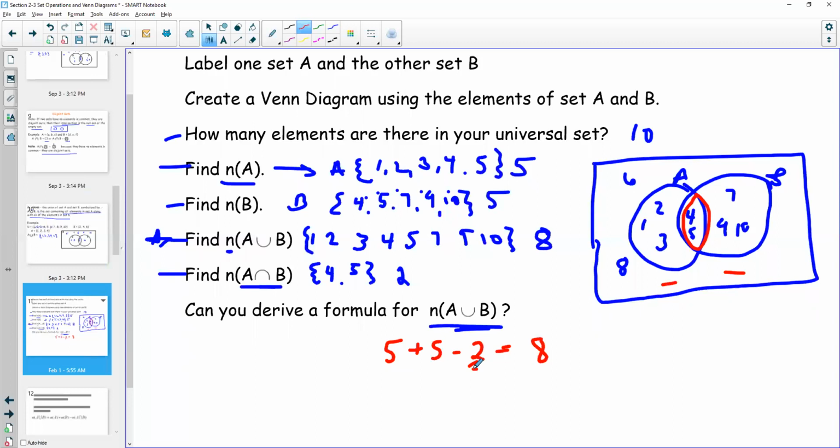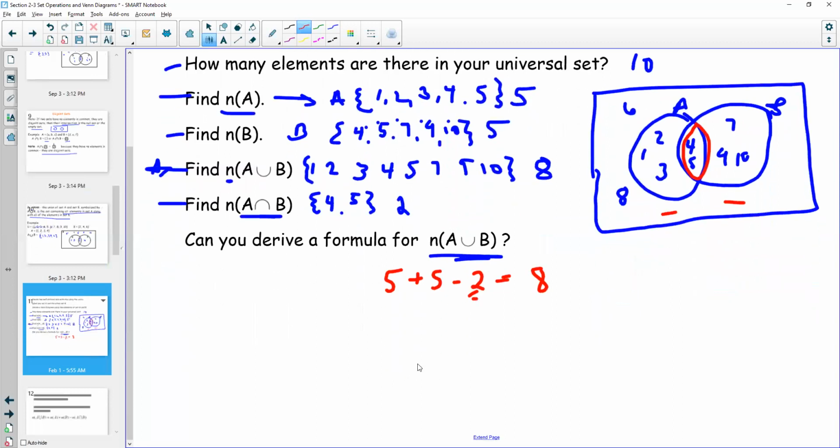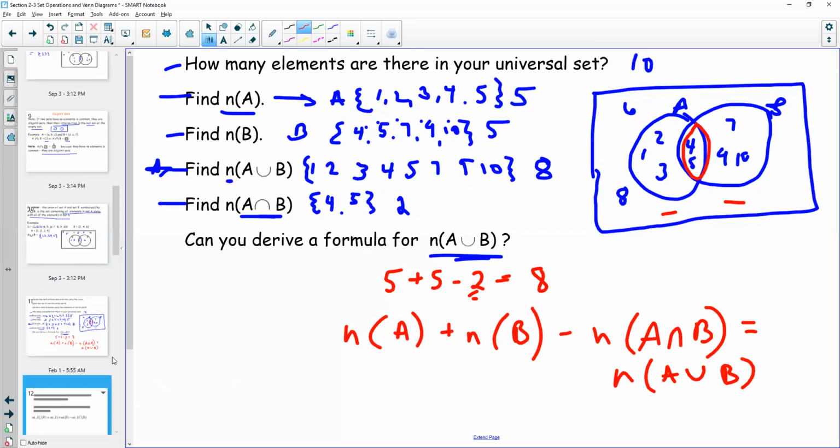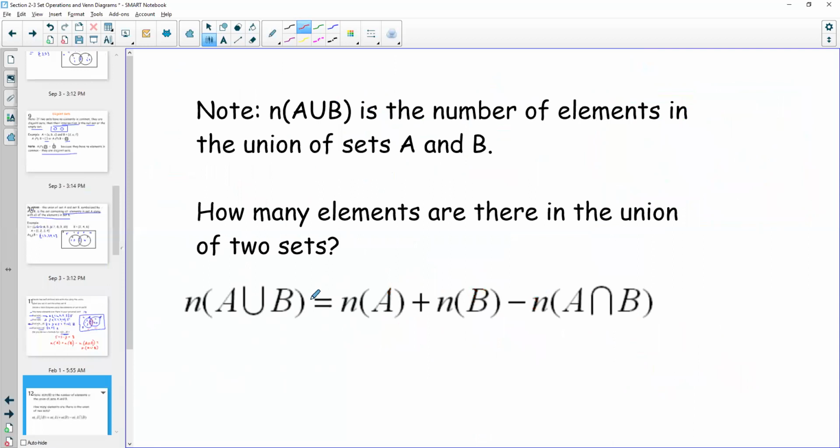So to find the number of elements in a union, find n of A, add it to n of B, subtract the overlap, n of A and B, and that gets me n of A or B. You can test that out, see if it works. It's a handy formula to have in your pocket, and here it is again if you need it.